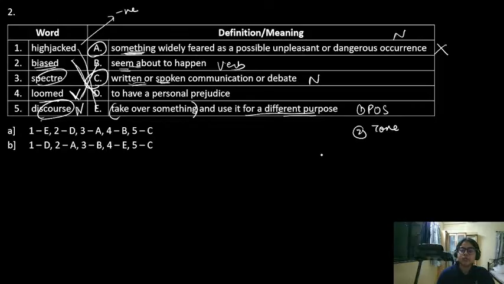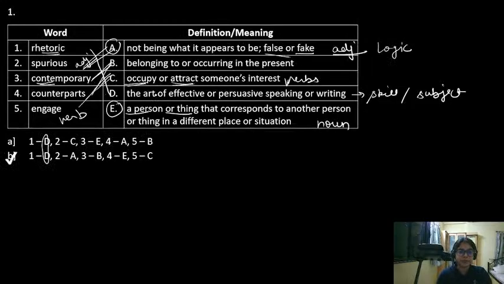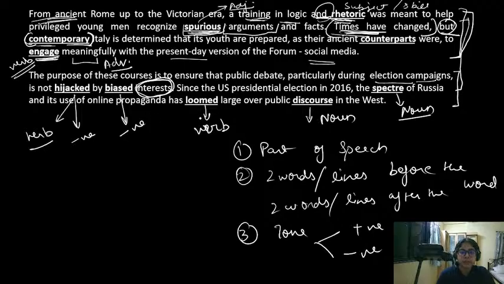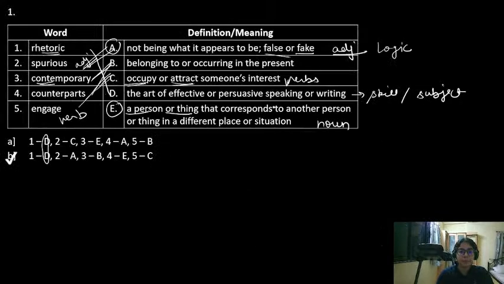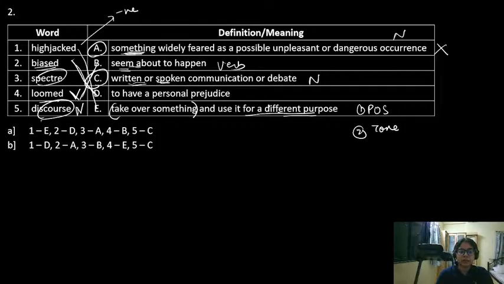So now we'll have to resort to a different way to find its meaning. Okay, so we go back and move two words ahead, two words behind. Okay, which was the first one? Specter. The specter of Russia and its use of online propaganda has loomed large over public discourse in the West. Okay, so this one obviously has to do with something public. Public discourse in the West.